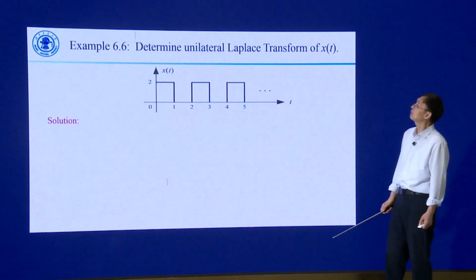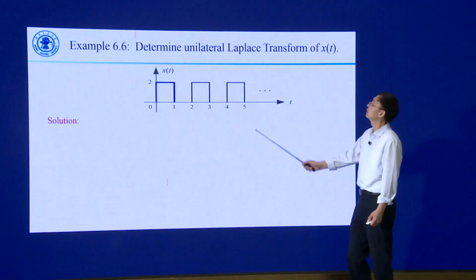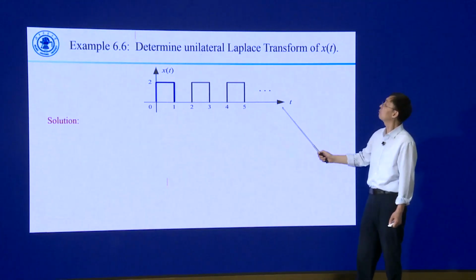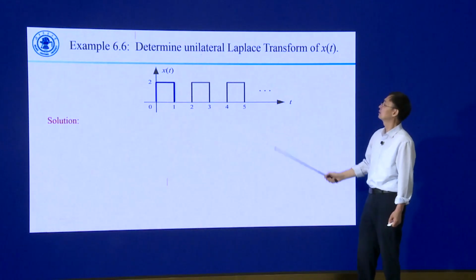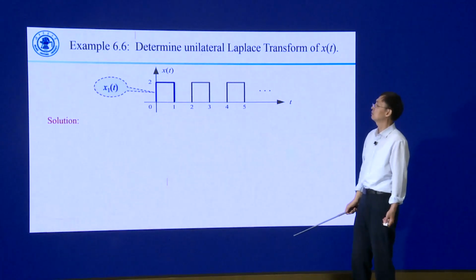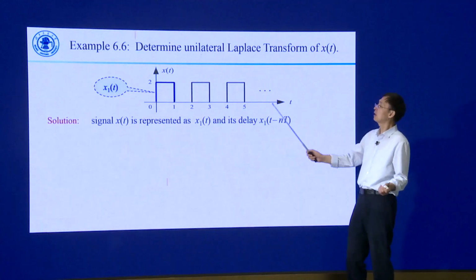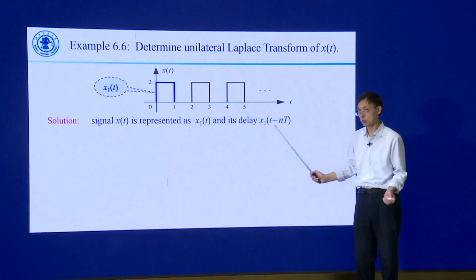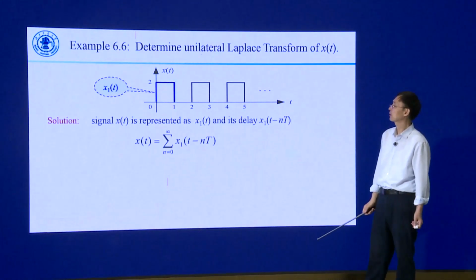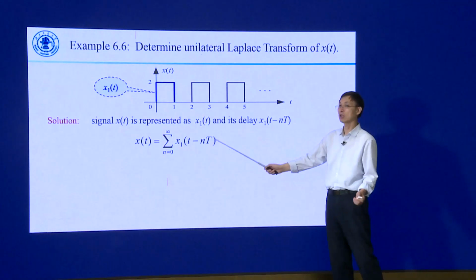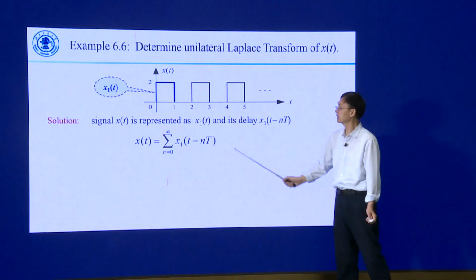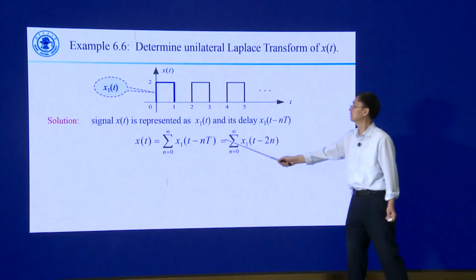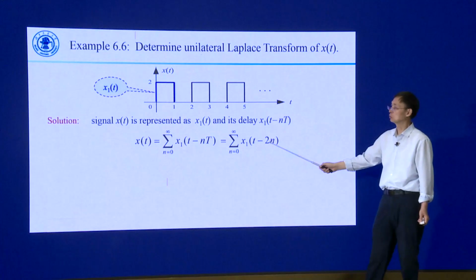For another example, to find the unilateral Laplace transform for this signal, first we will discuss the x1(t) to find its unilateral Laplace transform. x(t) can be represented by x1(t) in this way. Here, T equals 2.